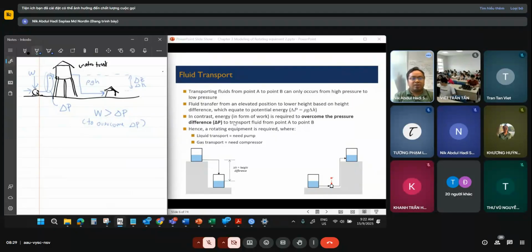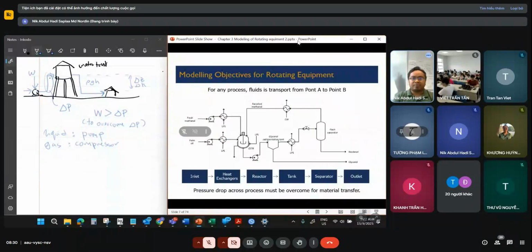So for liquid, to overcome this pressure drop, we have a rotating equipment called a pump, whereas for gas, we use a compressor. These are the two types of mechanical equipment that we are going to focus on today.